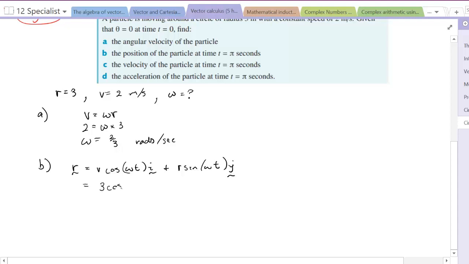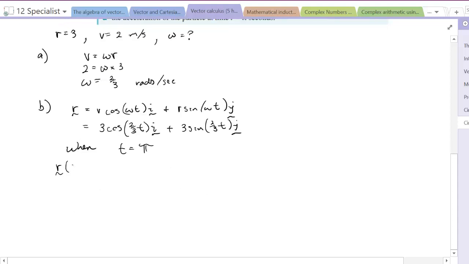So we get 3 cos 2/3 t in the i direction and 3 sine 2/3 t in the j direction. So when t is equal to pi, we get r(pi) is equal to 3 cos 2 pi on 3 in the i direction and 3 sine 2 pi on 3 in the j direction.